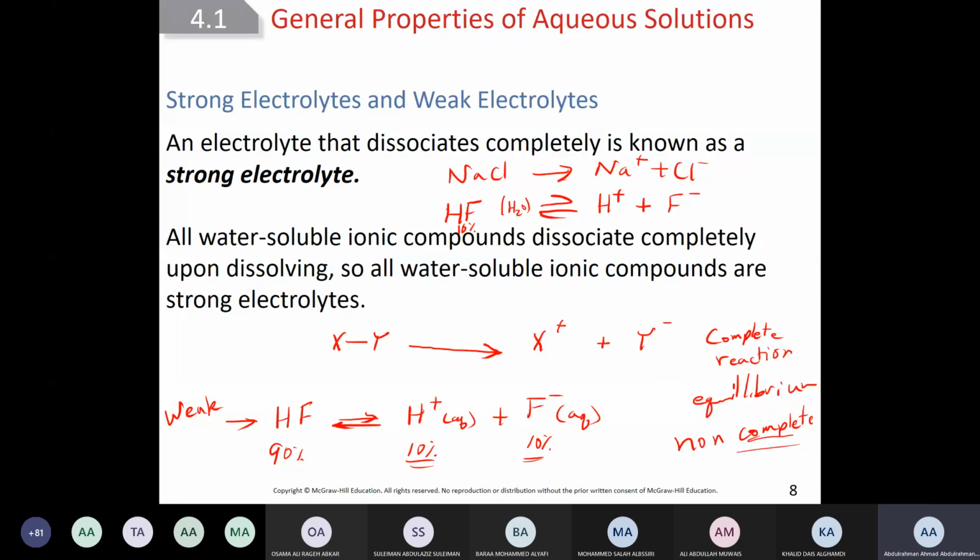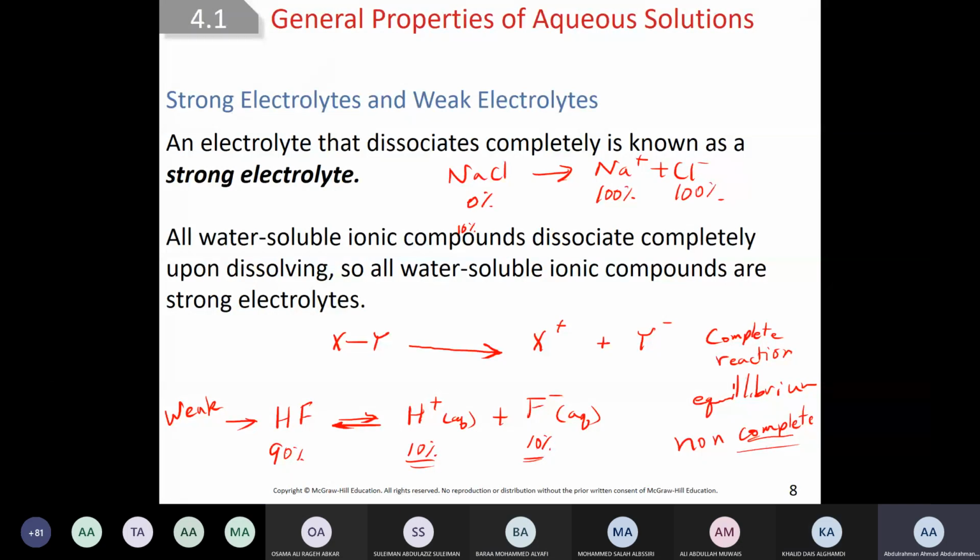While if you have NaCl, after you put it in water, how much NaCl will be left? Zero. Nothing. How about Na+ and Cl-? 100% will be decomposed like this.